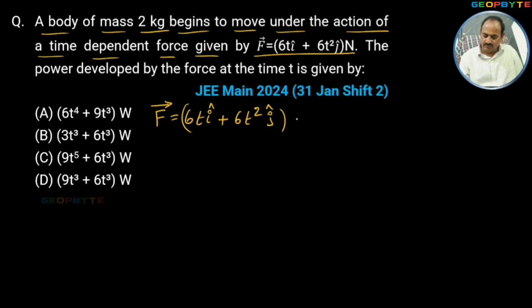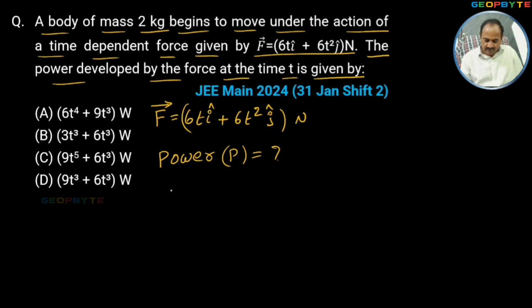The force value is given in newtons. The power developed by the force at time t is given by. You are asked to decide the power developed by the force. For that, as you know, power P equals force multiplied by the velocity. Force is known. We need to find the velocity.